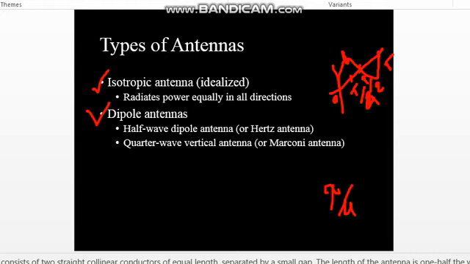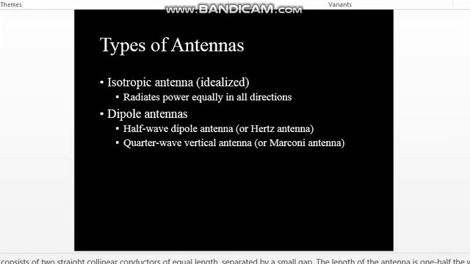But that doesn't mean it will be a sinusoidal signal, it depends on the lobe. If we look at the lobe, the half wave dipole antenna has a half power bandwidth that is half of it, and the quarter wave will be narrower against the main lobe. That means it's quite directive in that section.